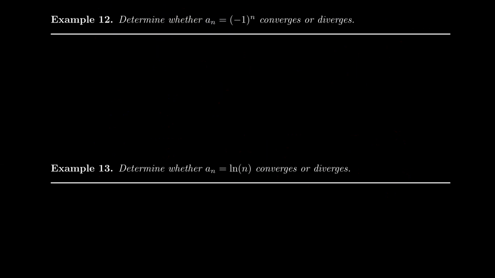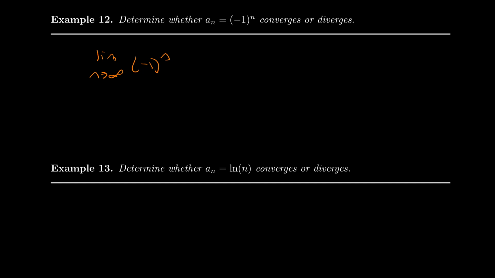I want to know whether the alternator converges or diverges. So, look here. I want to know the limit as n approaches infinity of -1 to the n. Does this ever settle on a number?